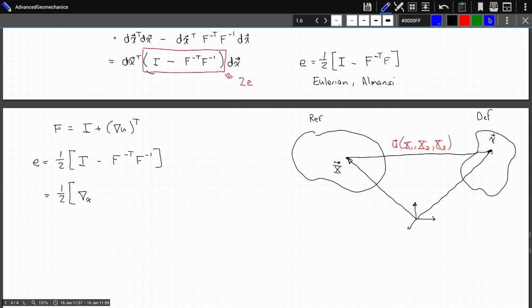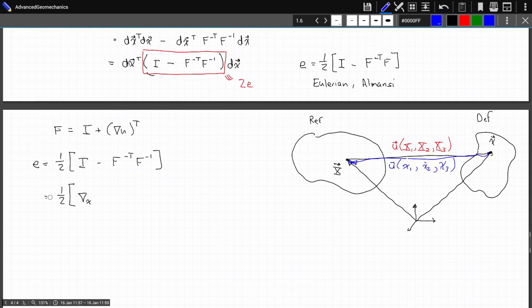But that same u we can write, if we just drew the vector the other way, in terms of the current configuration. I'm going to erase this because it's not relevant to what we're doing here.